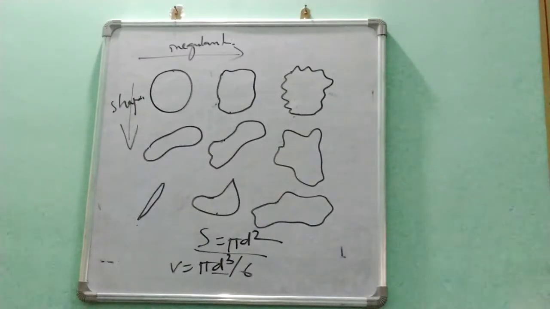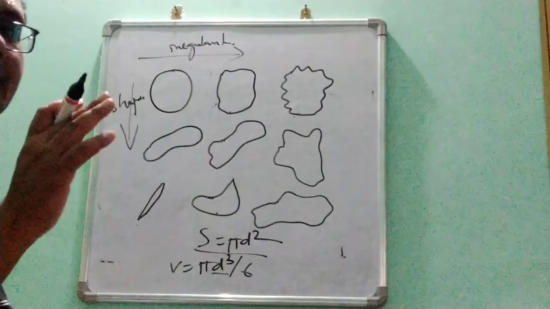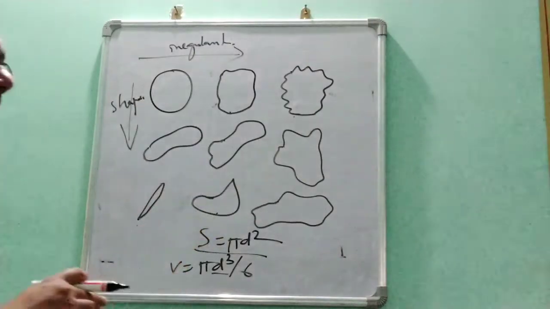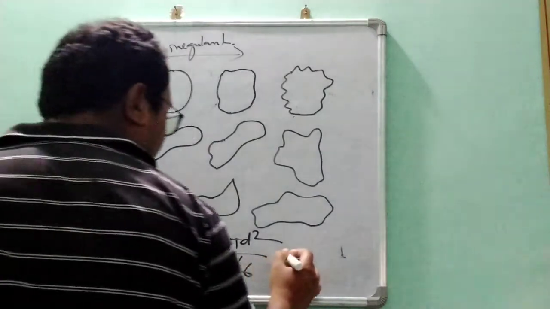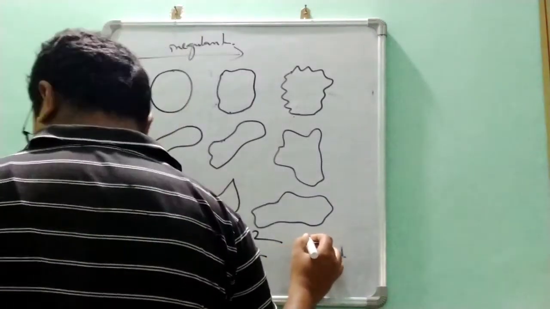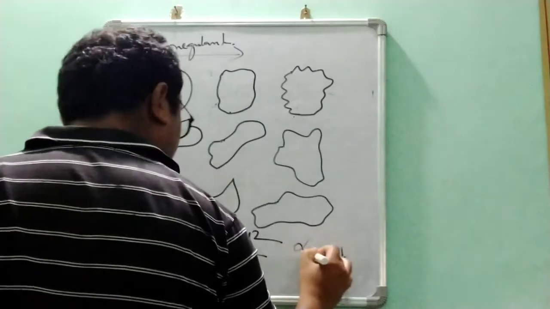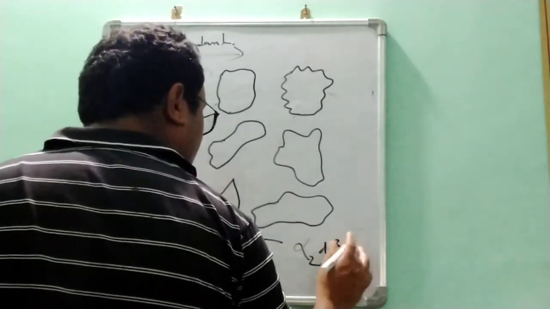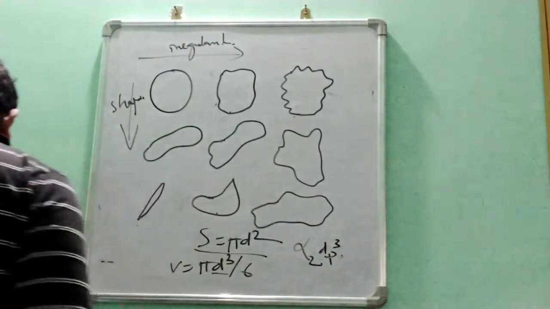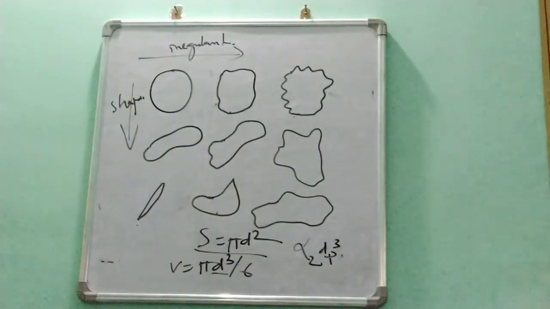If the particle size is calculated microscopically as the projected diameter, so under the microscope we calculate the particle sizes and particle shapes, then we can calculate the surface area by this equation: S equal to alpha s dp square.